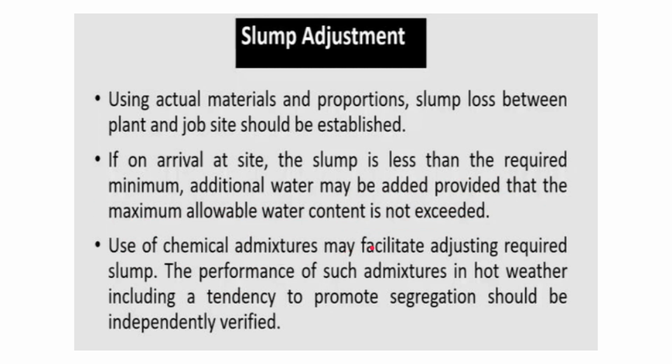Use of chemical admixtures may facilitate adjusting required slump, as we studied in the last class. The performance of such admixtures in hot weather, including a tendency to promote segregation, should be independently verified. These are some of the serious conditions we need to verify initially, as per standard codes.